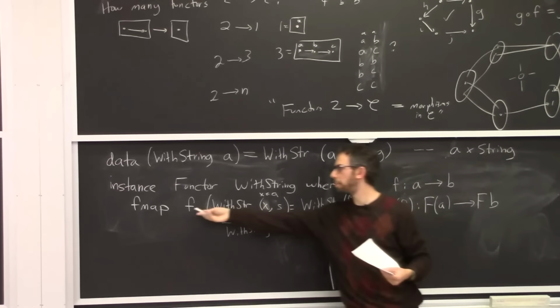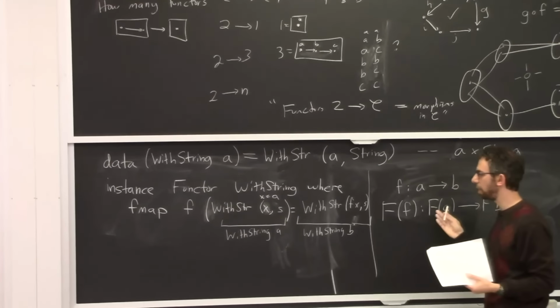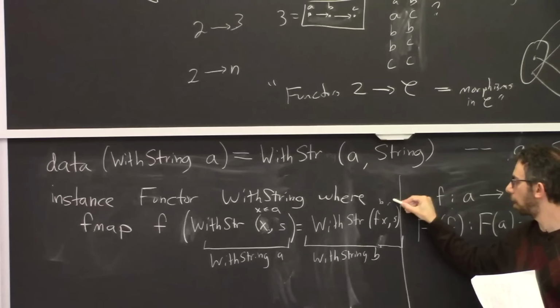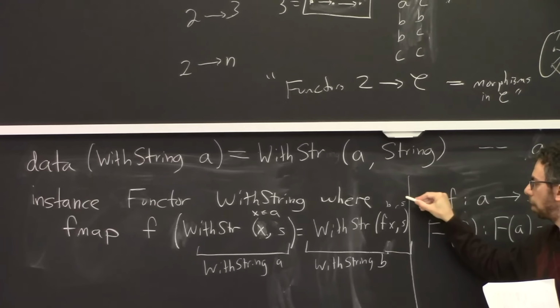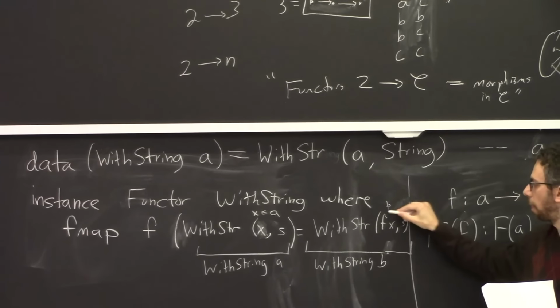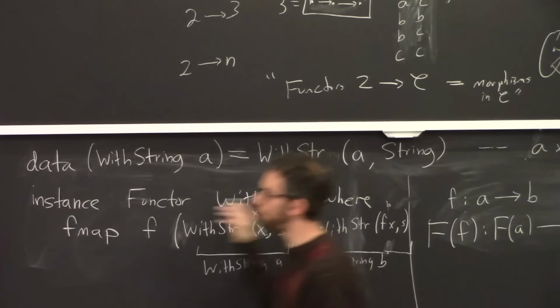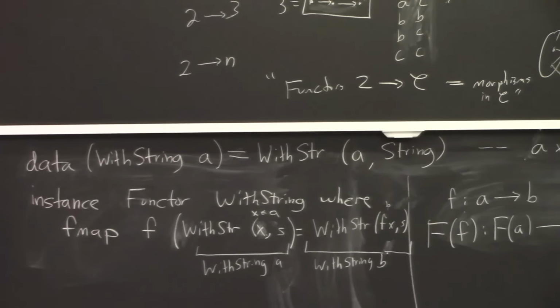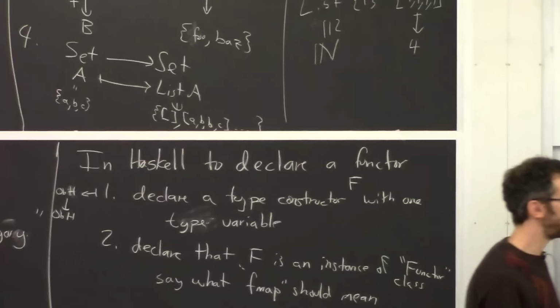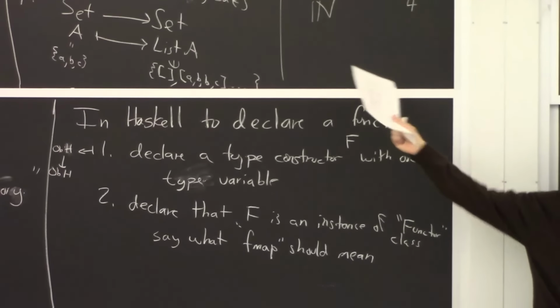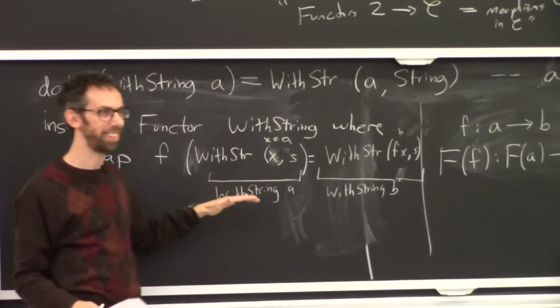Someone told us how to map A's to B's already, so we just do that on our A part and return a b comma s. B comma string. If this is confusing, it's code for this, and you can ask afterwards. But as a functor, it shouldn't be confusing, because it wasn't confusing back then. As Haskell, it can be confusing because it's notation.